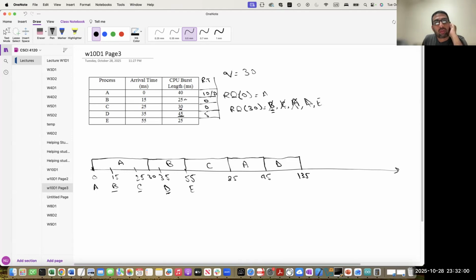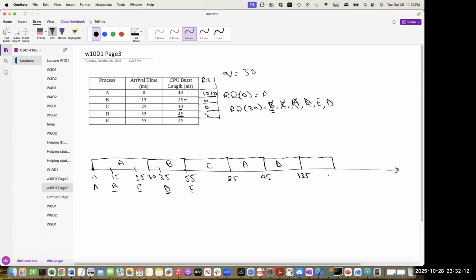And then it is put at the back of the queue, right?